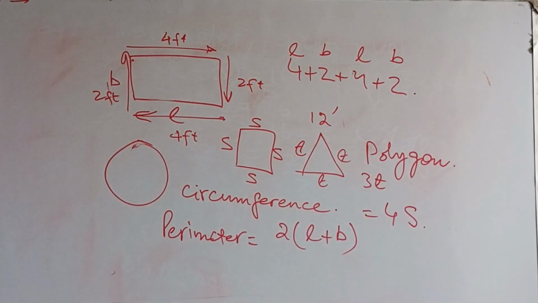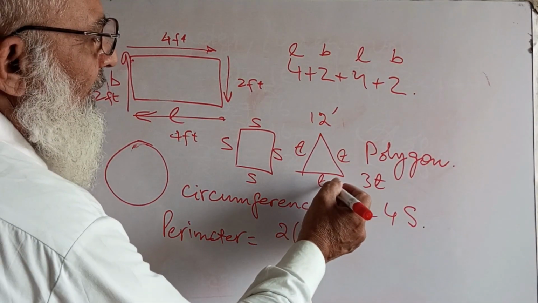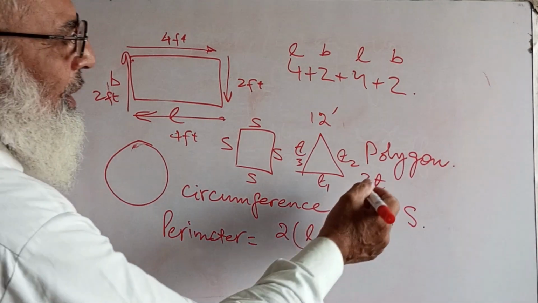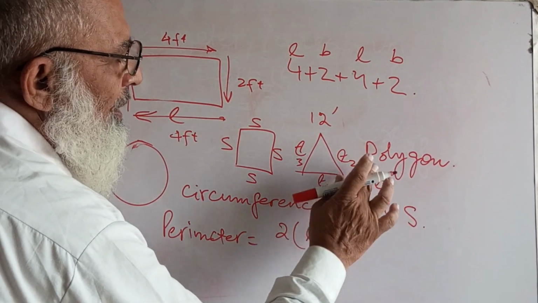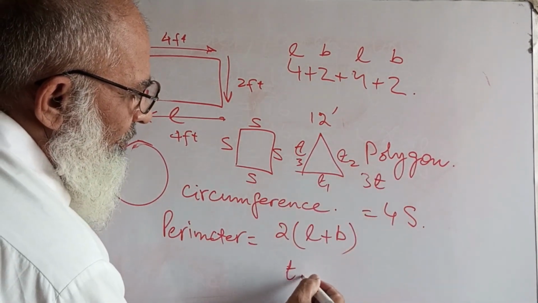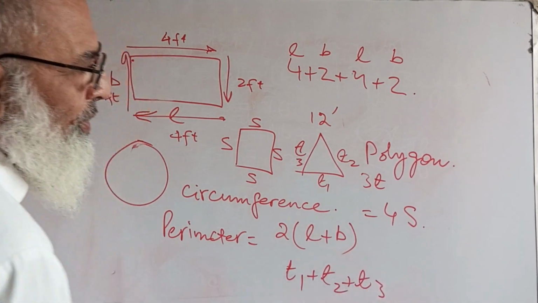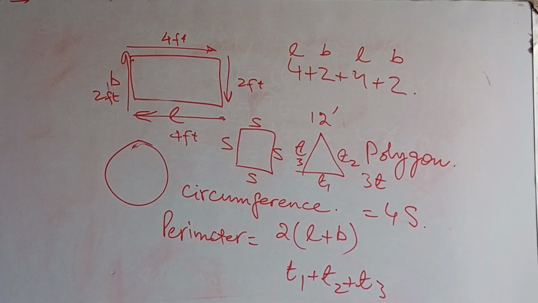And if it is not an equilateral triangle, then it would be T1, T2, T3, so it will become T1 plus T2 plus T3. So this was a précis of what we are going to do with the perimeters.